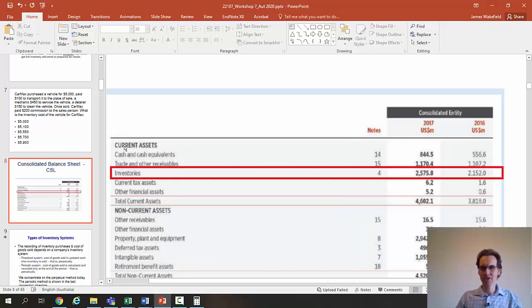Now, this is obviously captured as a current asset because generally retailers expect to sell inventory items in less than a year. If they hold inventory items for longer periods than that, obviously that's a concern for a number of reasons. Inventory in stock a long period of time is problematic because it takes space away from having other inventory in stock.